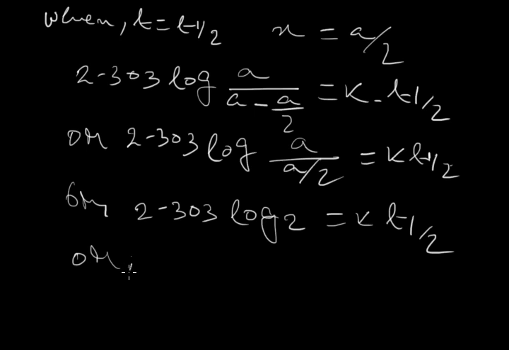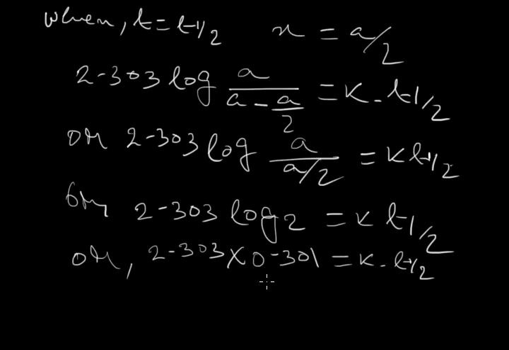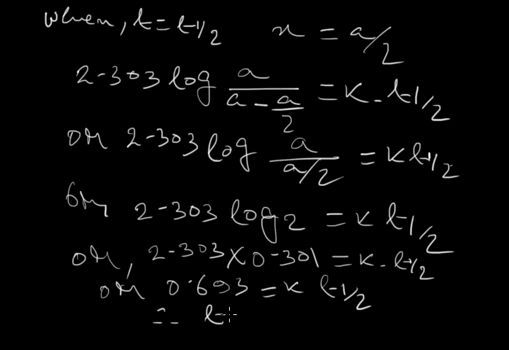Now log 2 is 0.301. The product of 2.303 and 0.301 is 0.693. Therefore, t half is equal to 0.693 divided by k.